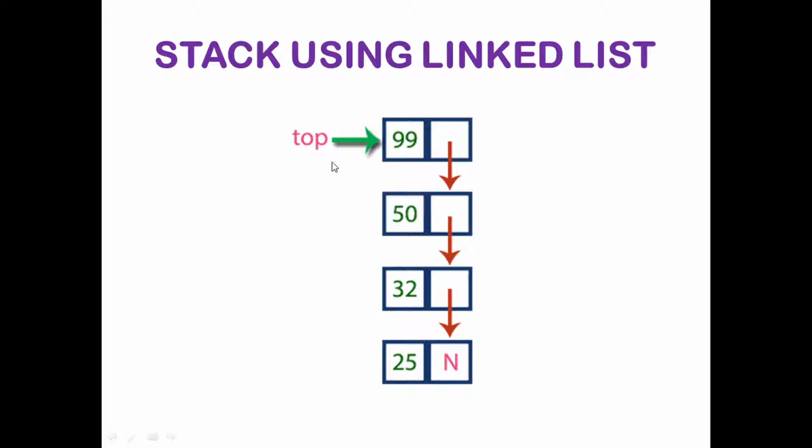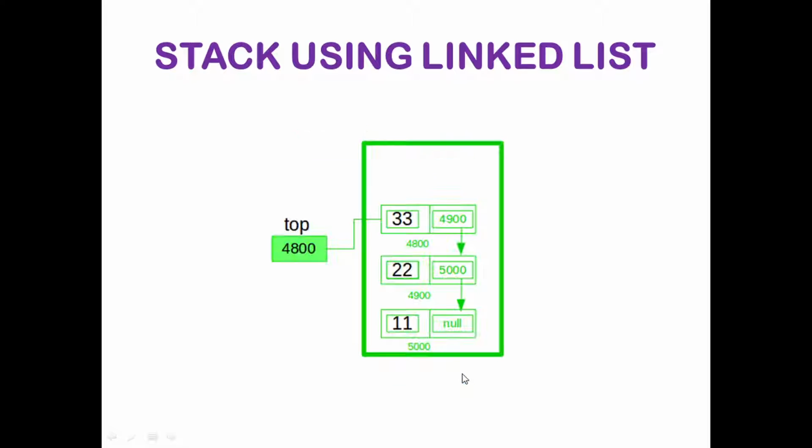So we are replacing head with the top pointer, which points to the first node, and this is a singly linked list structure. The last node is the bottommost element. So here in this example, say for example we have 3 nodes. Each node has an address here. 5000 is the address of the bottommost node, 4900 the one above.